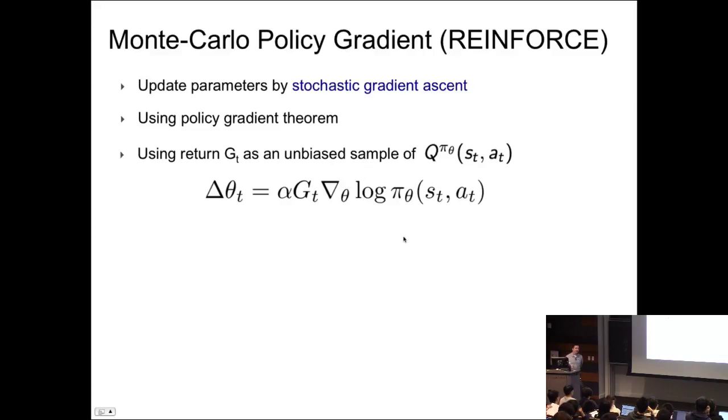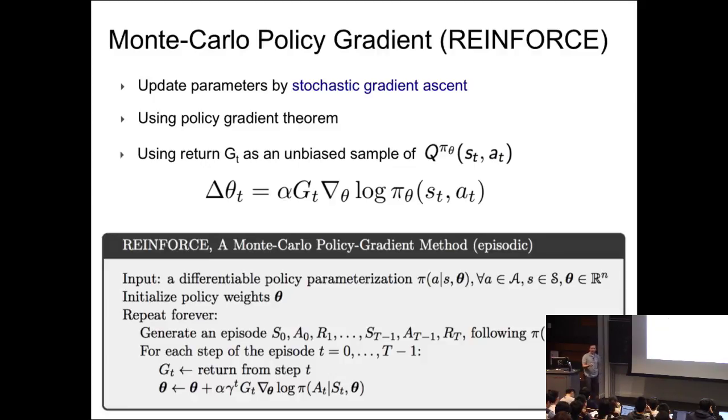Because I don't know what this thing is. It's difficult to compute. But I can sample, right? I can do multiple samples and try to estimate what the Q function is. So this is exactly a Monte Carlo policy gradient method.